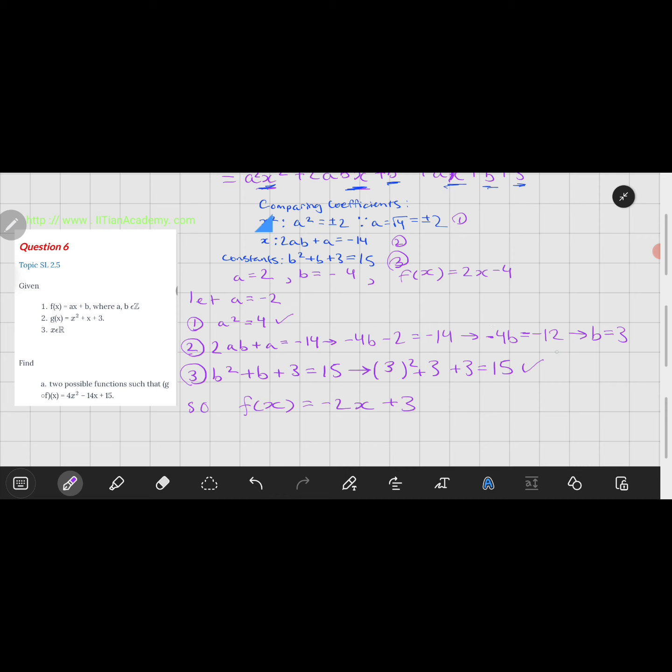We rearrange and solve for b so that it's equal to 3, and then if we evaluate our third condition, we see that it is indeed satisfied, so f(x) is equal to negative 2x plus 3.